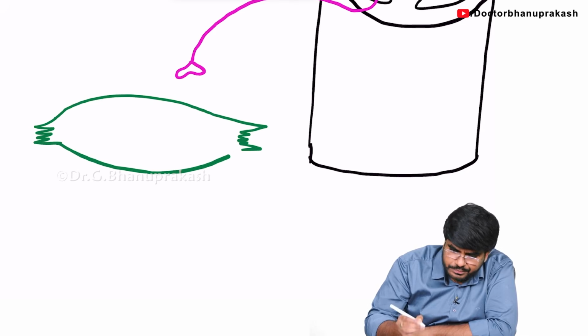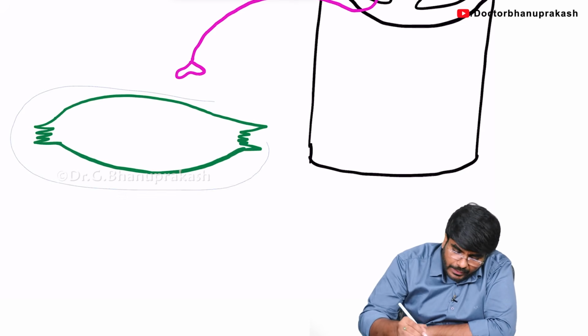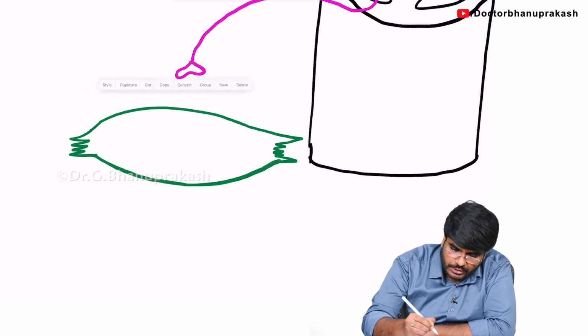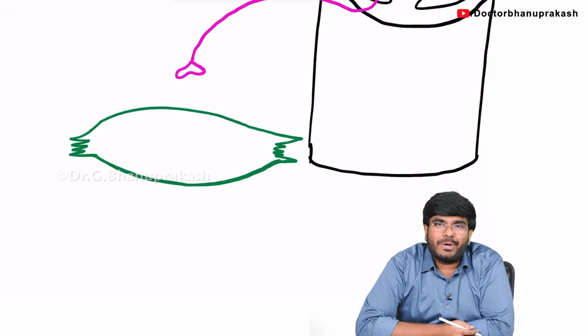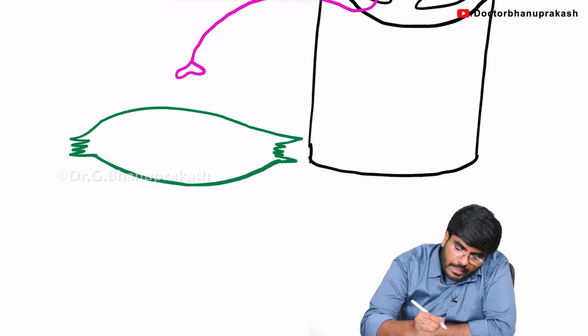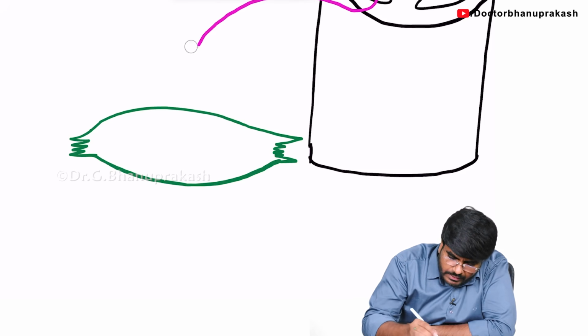So, here is the skeletal muscle, let's say. Now, the responsibility of this neuron is to contract this muscle. So, how exactly is that going to happen? Let me make it wider so that it will be clear for you.